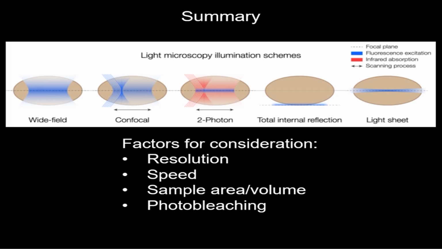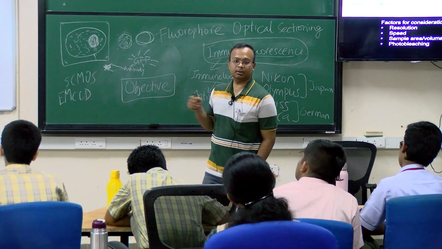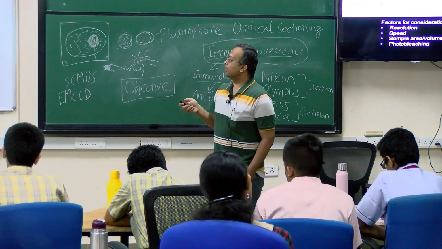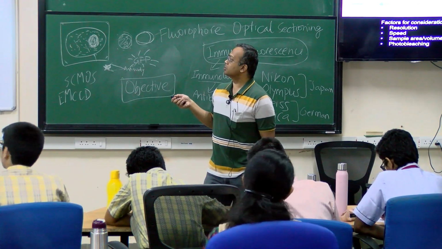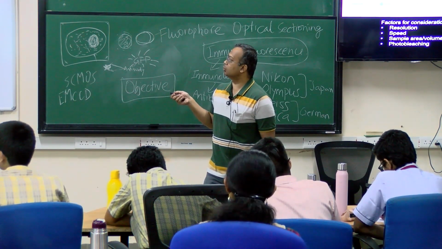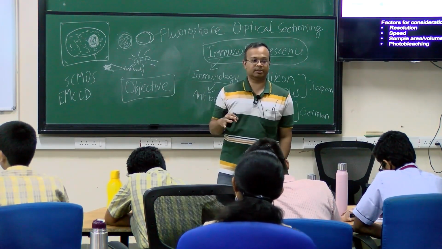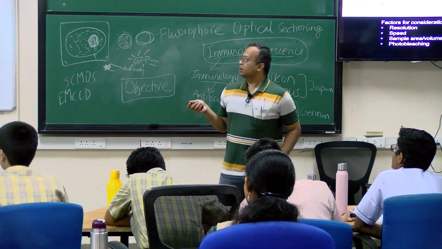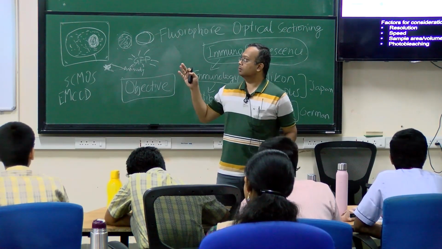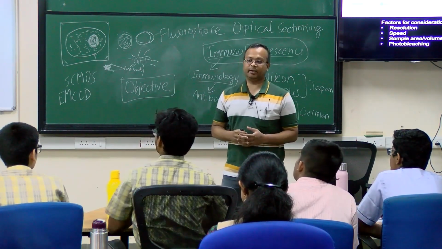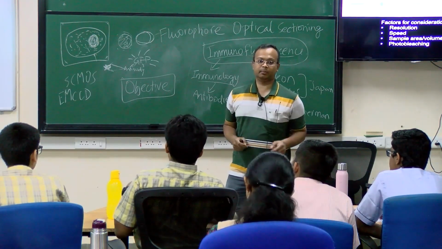If you have total internal reflection, you can see only this part of your sample, only the bottommost part. And if you have a light sheet, then this whole sheet of light can scan from the top to the bottom quickly, and you can get the whole 3D view of the object. So these are the different microscopy techniques that we use in biology.